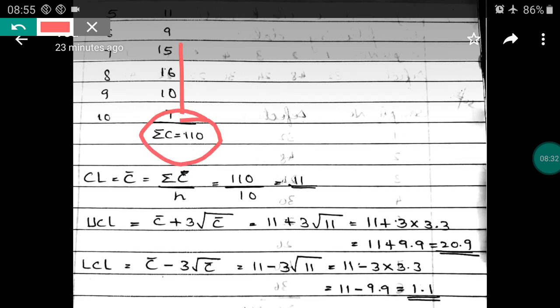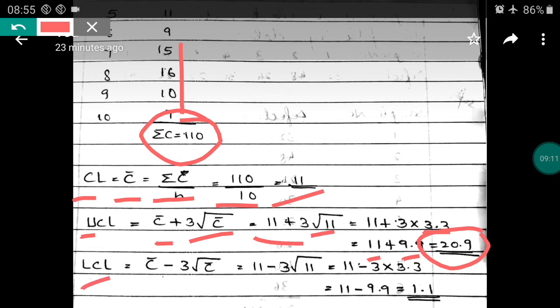See, summation C is 110. CL equal to C bar equal to summation C divided by n, equal to 110 divided by 10, equal to 11. Now UCL is C bar plus 3 square root of C bar, equal to 11 plus 3 square root of 11. Now 11 plus 3 into 3.3, that is 11 plus 9.9, equal to 20.9.